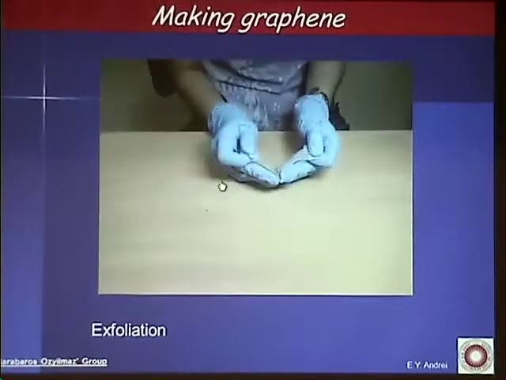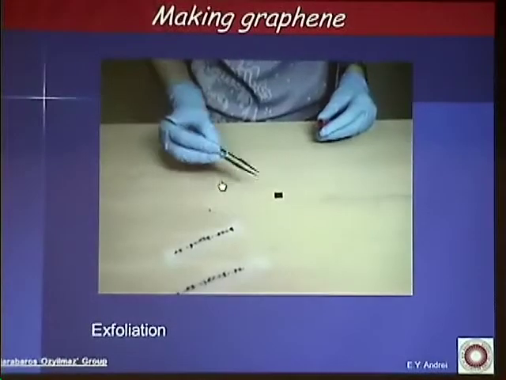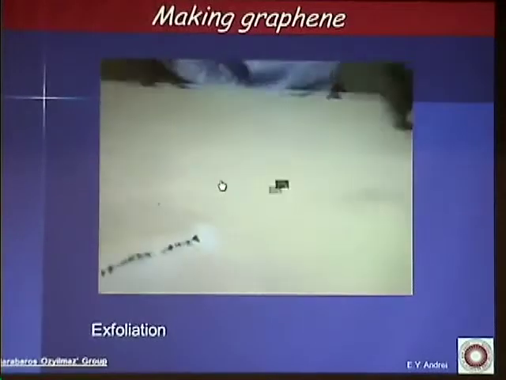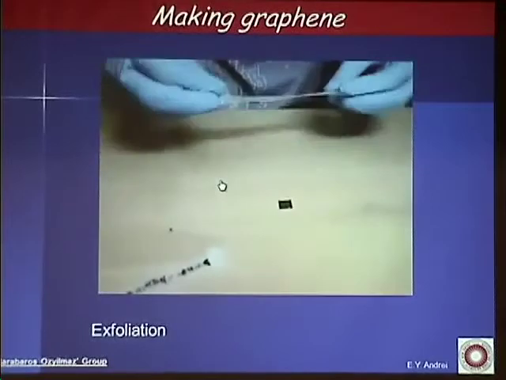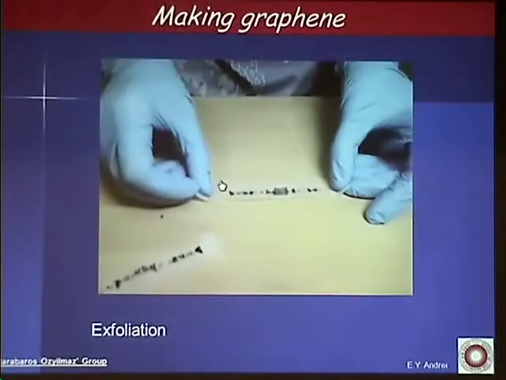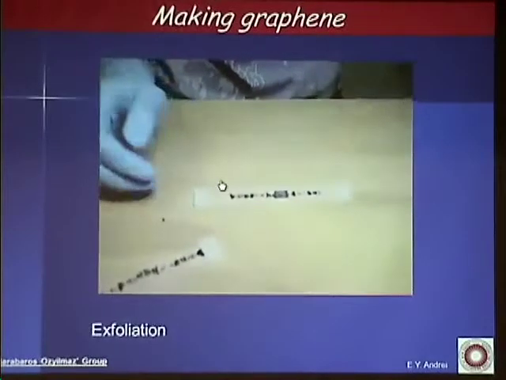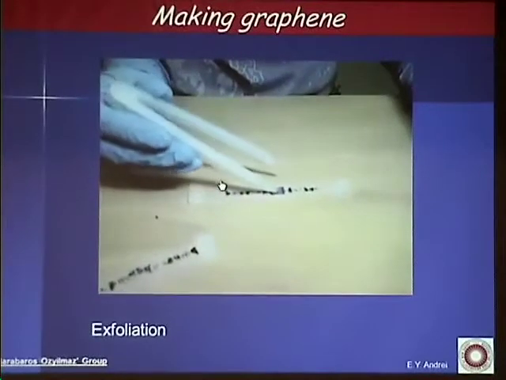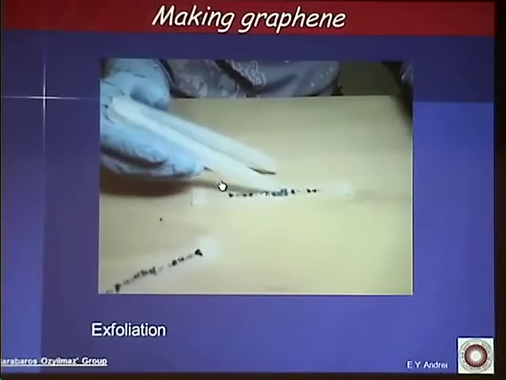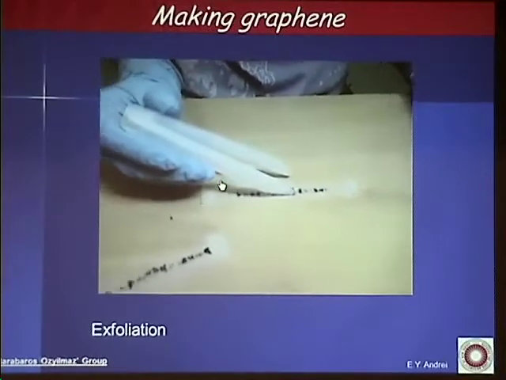After this, take a clean silicon wafer to transfer the scotch tape graphene onto the wafer. Use plastic tweezers and gently rub the area of the scotch tape where graphene may potentially be.